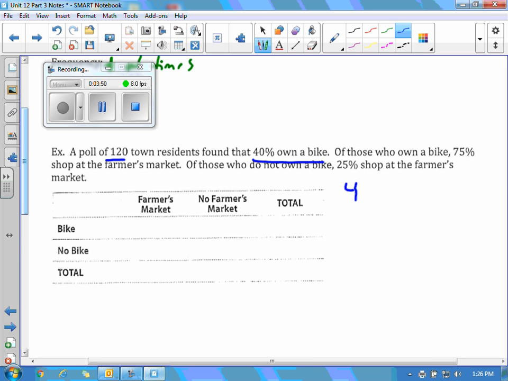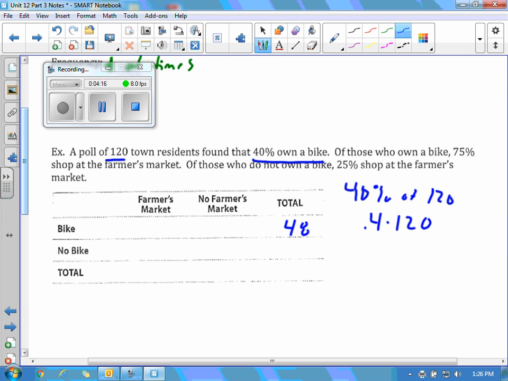So we want 40% of 120. We can do 0.4 times 120, and when you do that, you wind up with 48. So we go over here to the total. This is the total of people with a bike, that's 48.